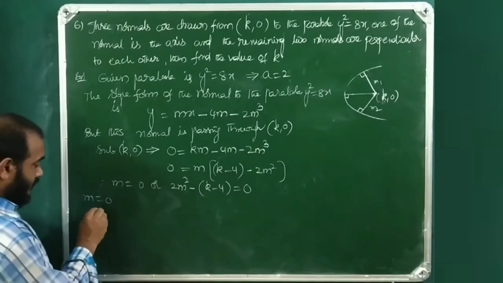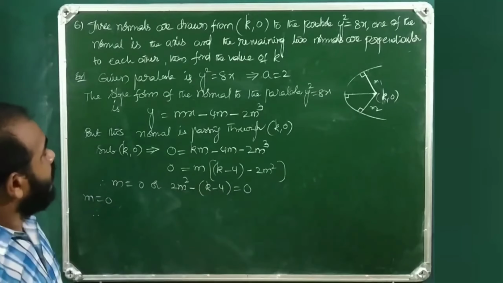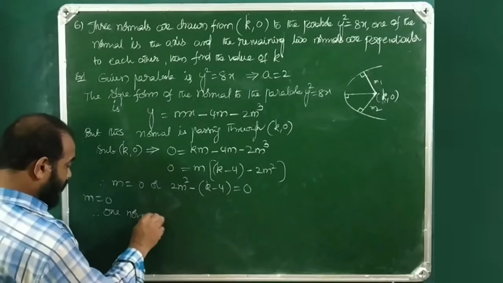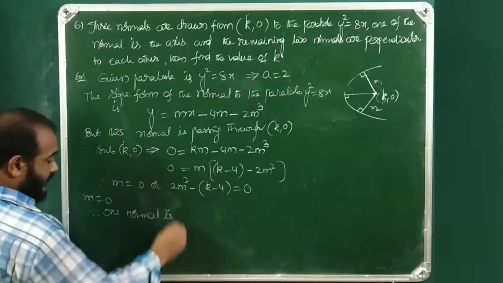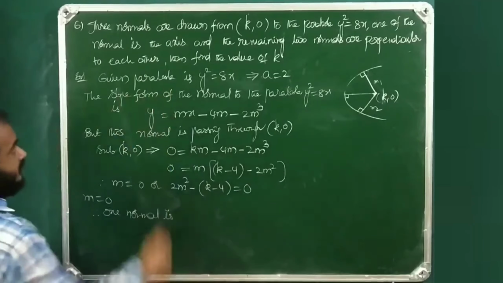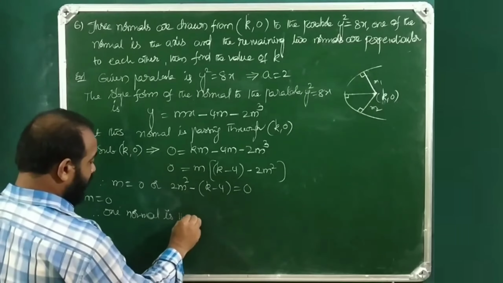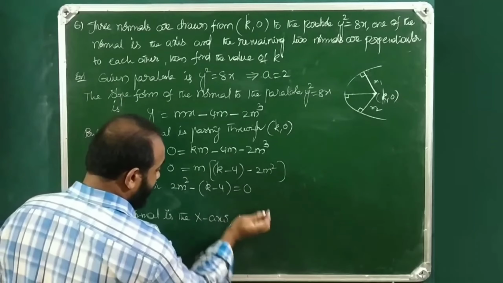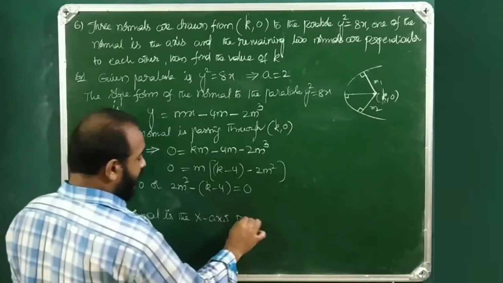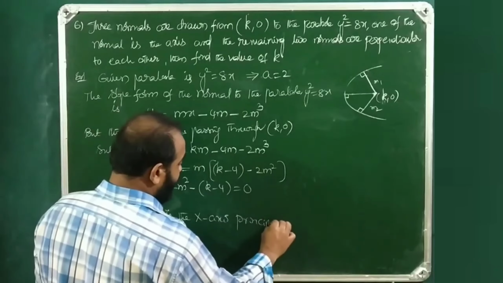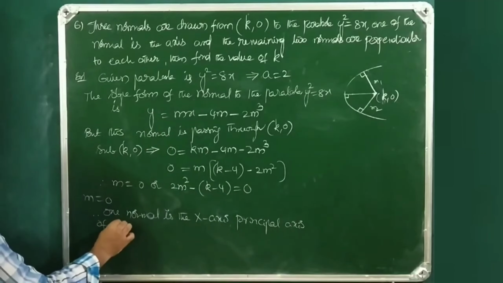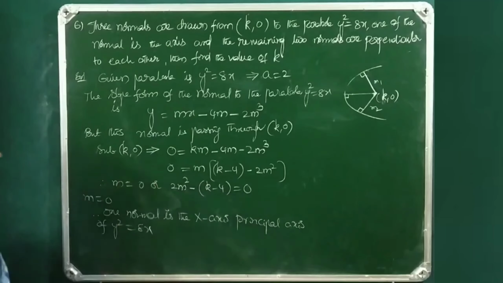Therefore, one normal is the x-axis, which is the principal axis of y square equals 8x.